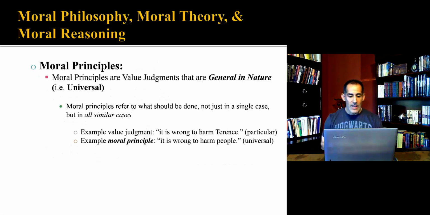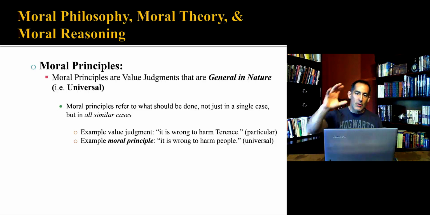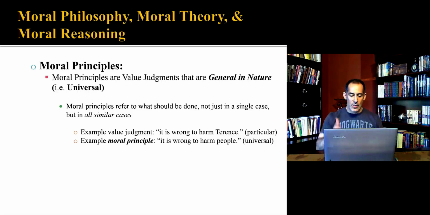Okay? Now, moral principles, as opposed to principles of moral reasoning, a moral principle is a value judgment that is general in nature. Okay, so this is important. We'll see this a lot. So when I talk about a moral principle, this would be a general principle that you start with in our moral reasoning. So here's an example of a value judgment and a moral principle.